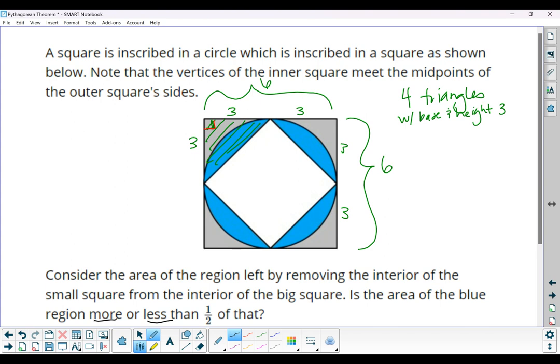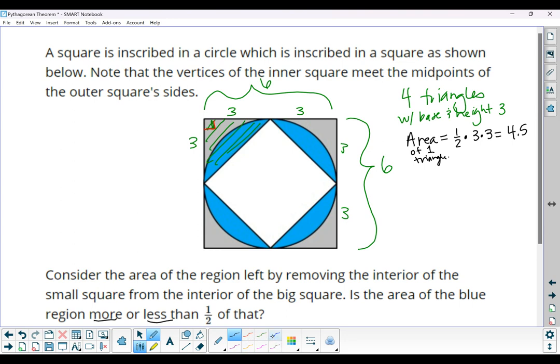So the area of just one of them is 1/2 of the base times the height. So if we calculate that, that's 4.5. And that was one triangle.